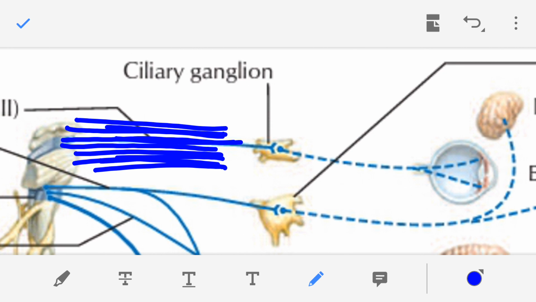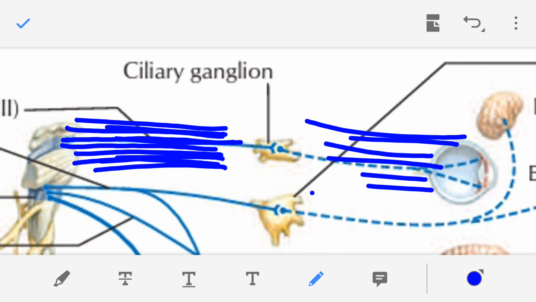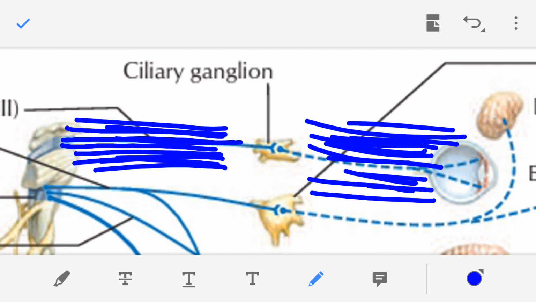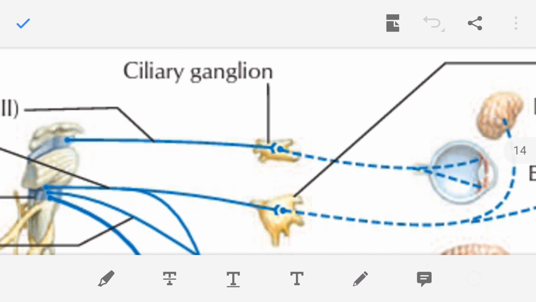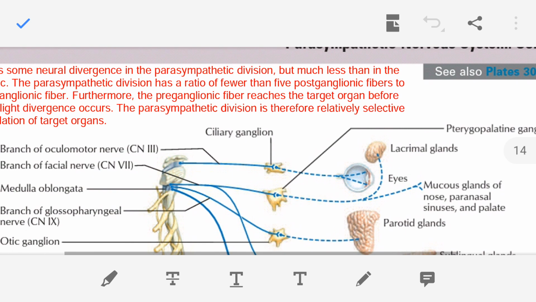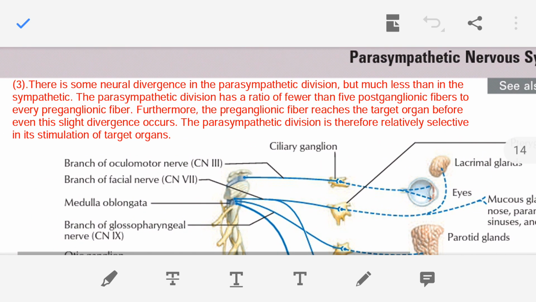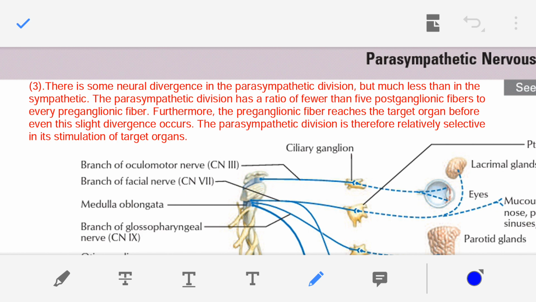Similarly, there are many postganglionic neurons, and their numbers are also very large. What is the ratio between this preganglion and this postganglion? The ratio is fewer than 5 postganglionic fibers to every preganglionic fiber.